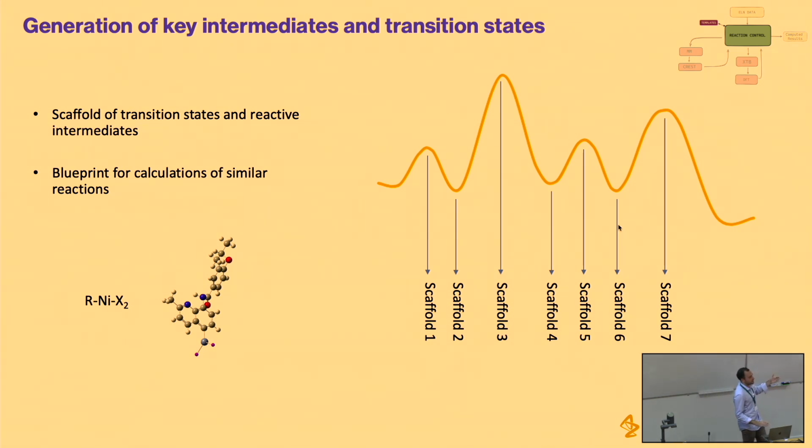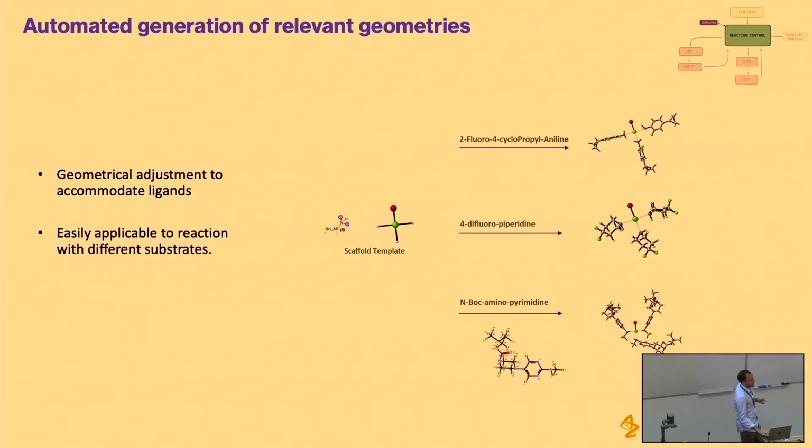These are used as a blueprint to build transition states and intermediates for different reactions of the same type. So for example, this is what it will look like. There is a series of geometrical transformation functions, all implemented in the program, that will adjust the geometry of the ligands to create a decent initial structure.